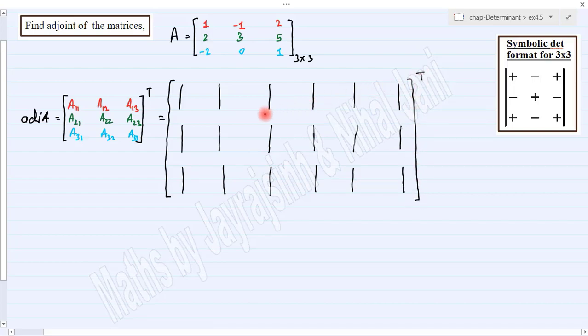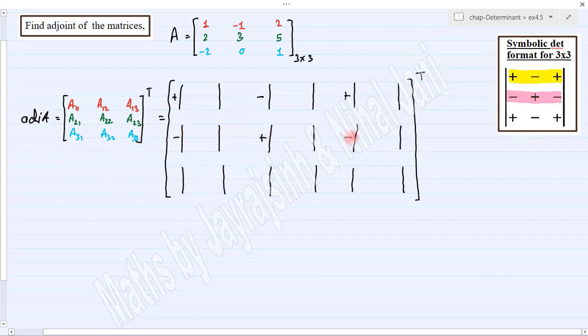Now, to get the sign of cofactor, you have to use symbolic determinant format for 2 cross 2. So, for first row, the signs are plus, minus, plus. For second row, it is minus, plus, minus. And for third row, it is plus, minus, plus.